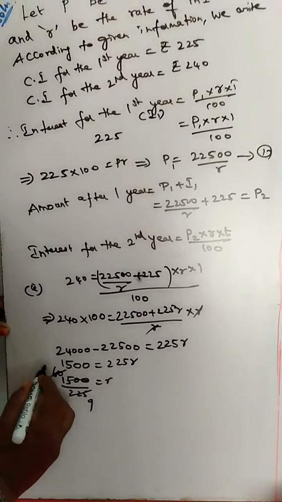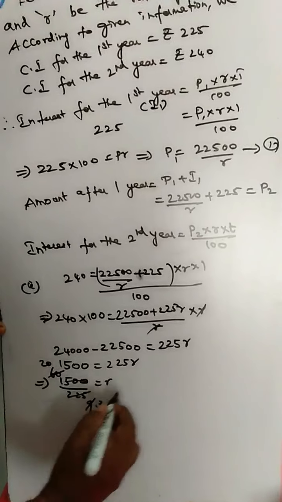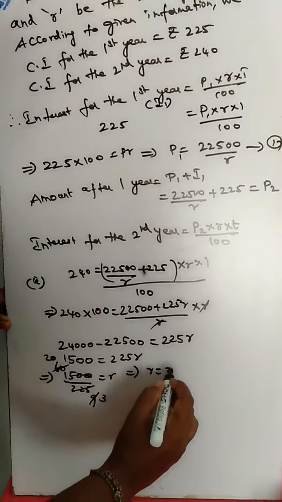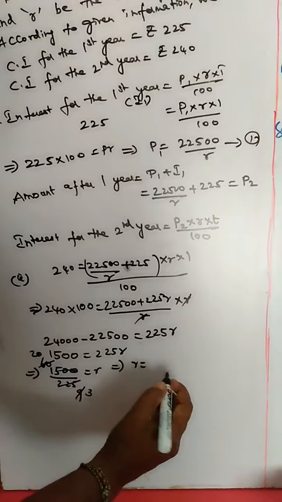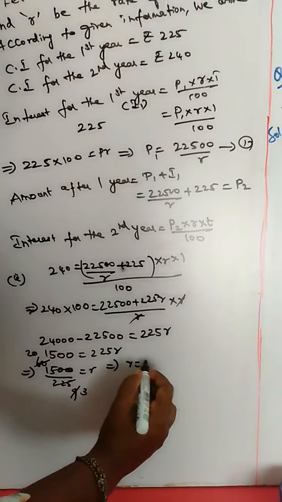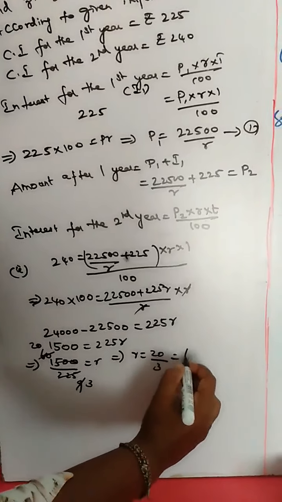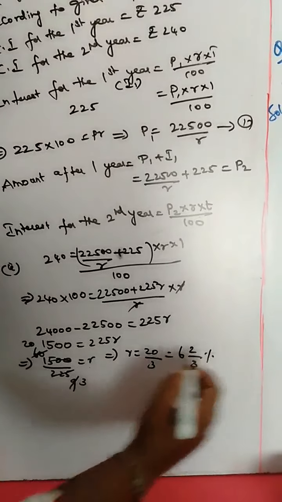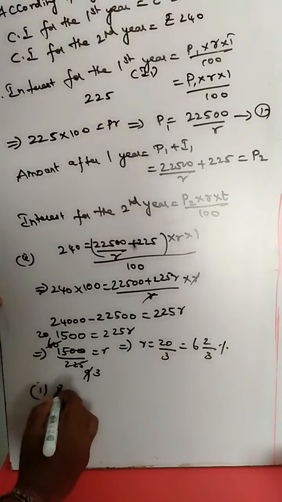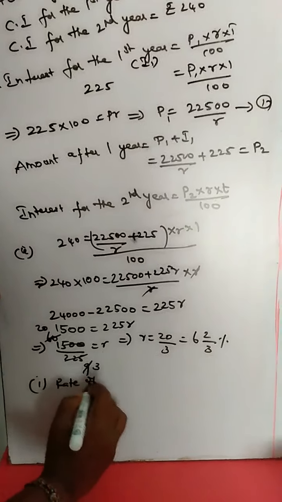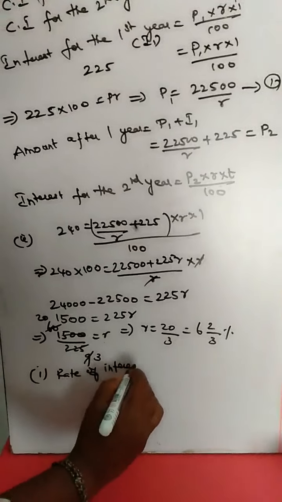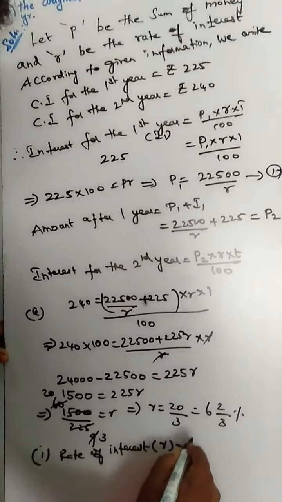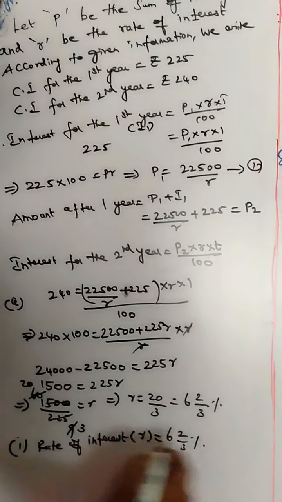Again cancelling by 3, this is 20 times and this is 3 times. So R is equal to 20 by 3, which is 6 2 by 3 percent. So the first answer is the rate of interest, R equals 6 2 by 3 percent.